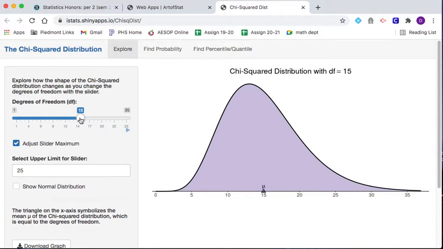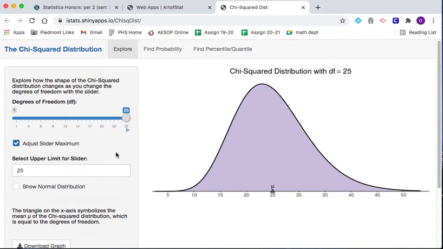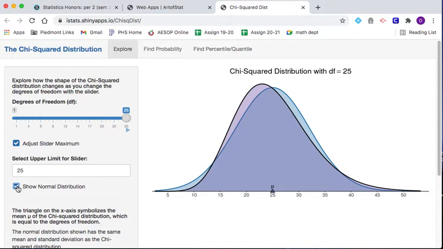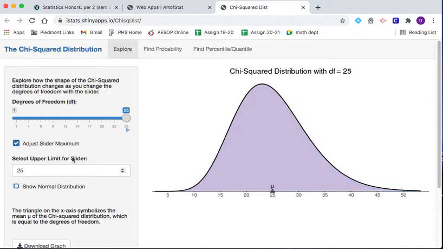Now let's push it up to 25 degrees of freedom. It seems like the curve is getting more and more normal. In fact, let me plot in what the normal distribution centered at 25 looks like. As I'm going along here, I'm getting more and more of a normal distribution.